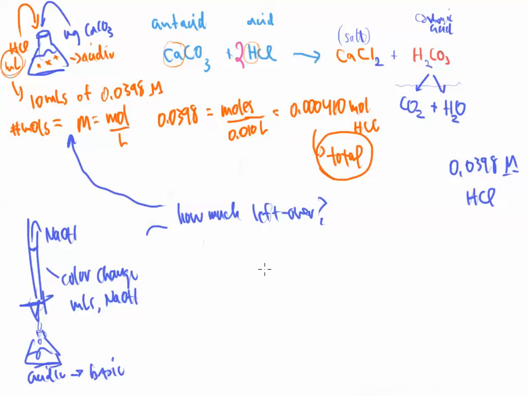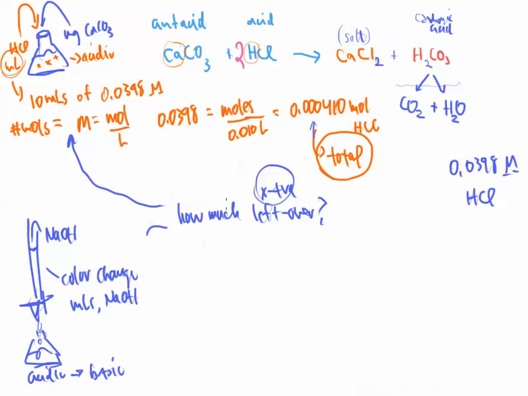And when all the base disappeared, I had leftover acid that was floating around. Well, I'm getting ready to calculate how much extra acid was in my flask. Because if I can calculate how much extra was left over, and if I know how much I started with in the very beginning, I can then do a simple subtraction to figure out how much was actually taken up by the antacid.